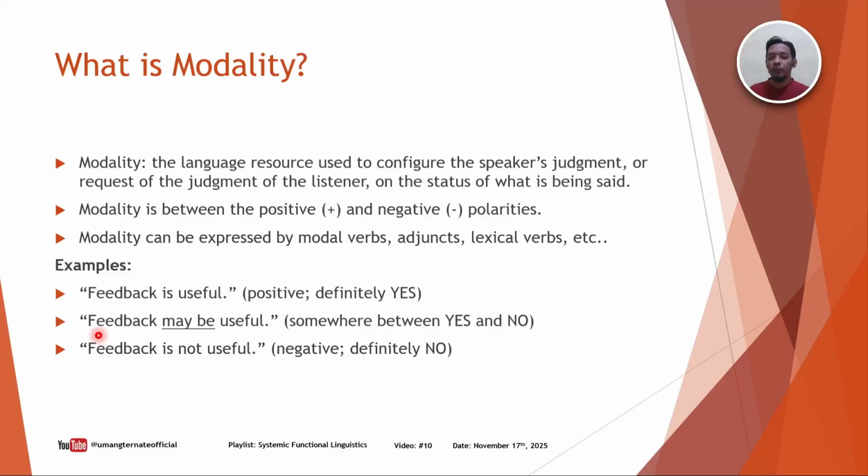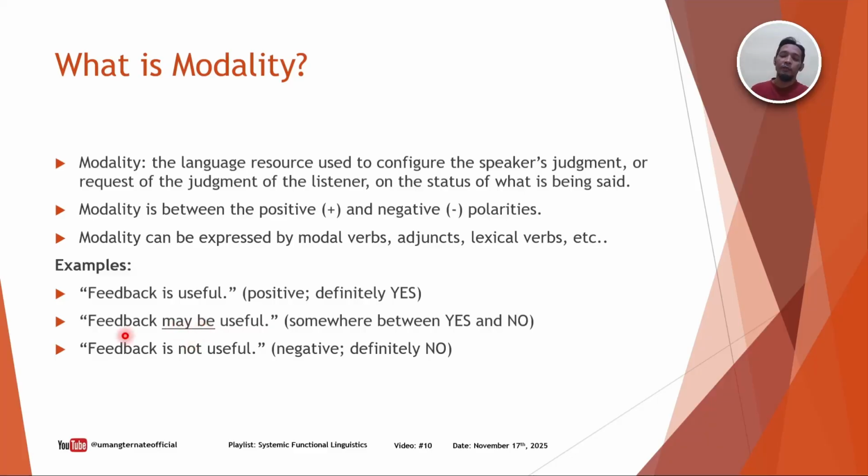When we say that feedback may be useful, it is neither definitely yes nor definitely no. So it is somewhere between yes and no. But in terms of polarity, this clause is a positive clause because the negator is not present in the clause.